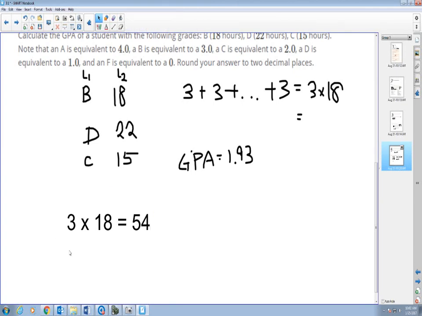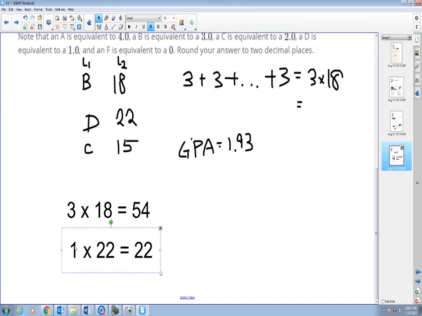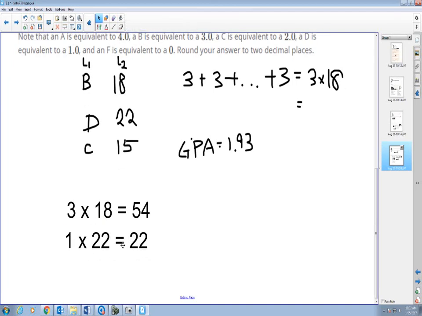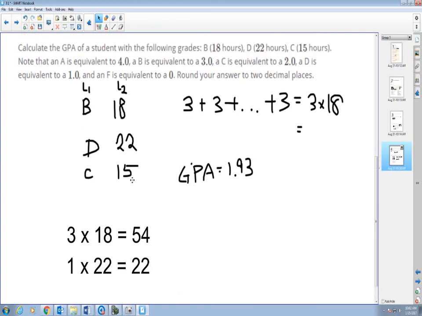D, which is 1.0, occurred 22 times, so that will give me 22 points for all those credit hours together. C is 2.0, so I got 15 of those 2.0. 15 hours means I earned 15 of those 2.0. So that's 2 times 15, which is 30.